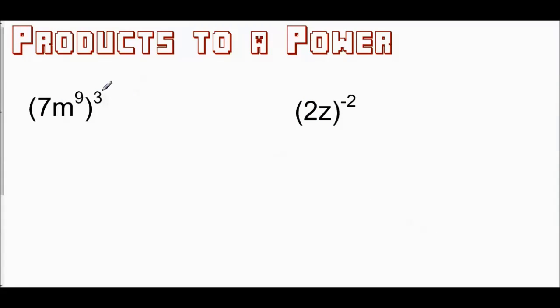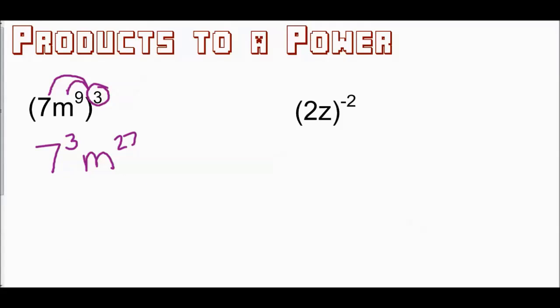Let's practice here. That 3, let's make that a little better, get a different color. That 3 is going to be applied to the m to the 9th and to the 7. So I have 7 to the 3rd power, and then m to the 9 to the 3rd, so that's going to be multiplied to be the 27th power.